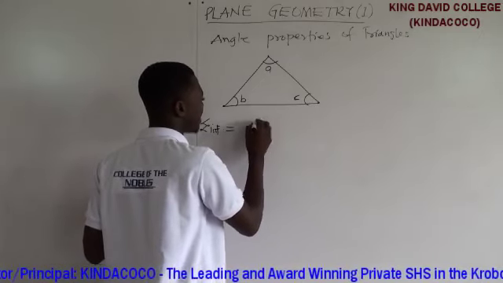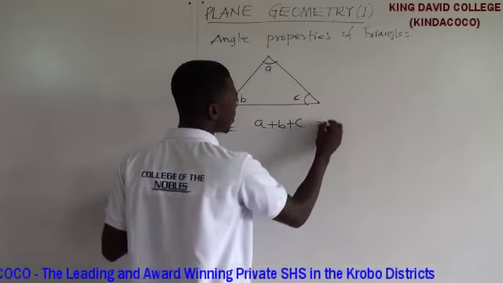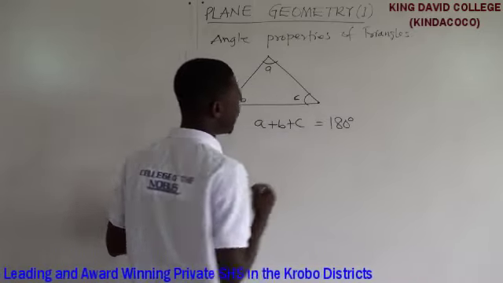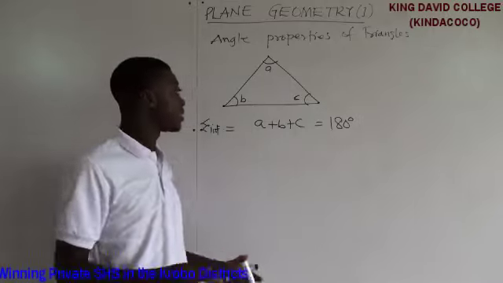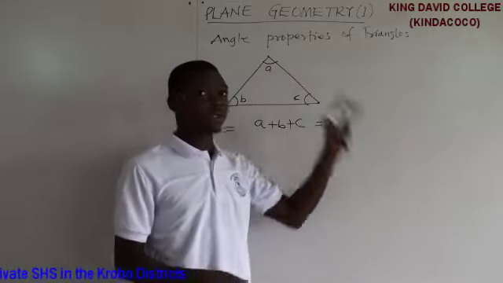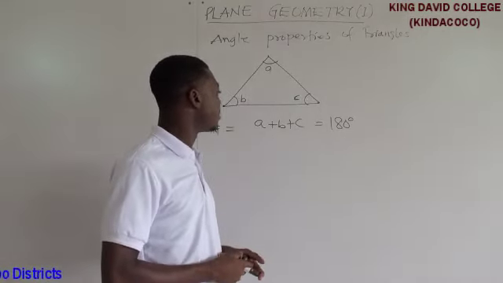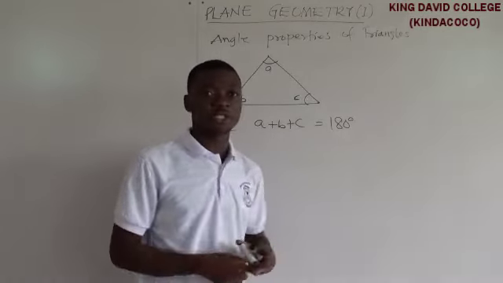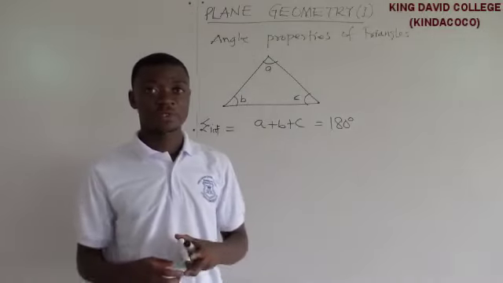What I mean is A plus B plus C should be equal to 180 degrees. This is established and it is a known fact. So 180 degrees is the exact summation of all the interior angles within this specific triangle.